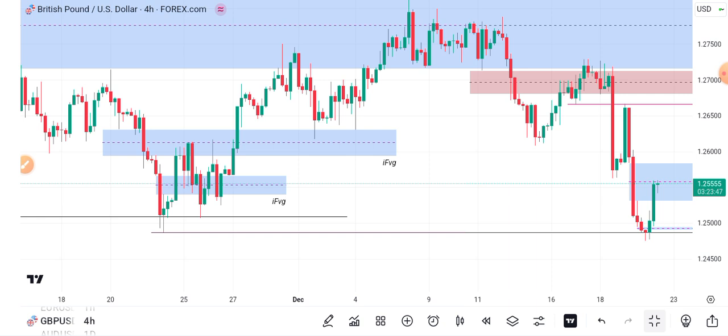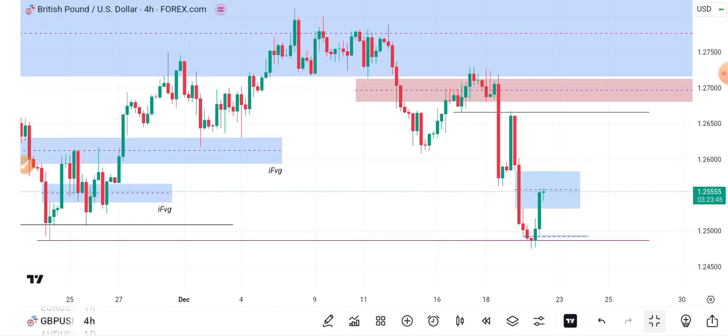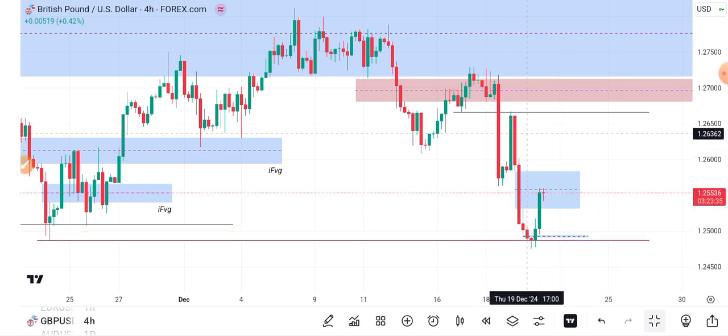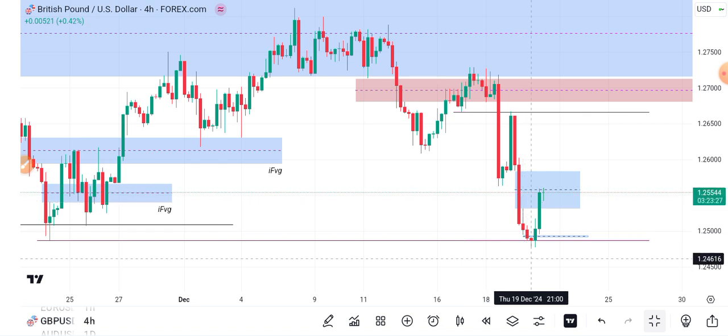Price has been in a bearish mode, and then there is an old low. Capitalizing on that, after an impulsive move has happened, this old low here has been taken out by price action downward.